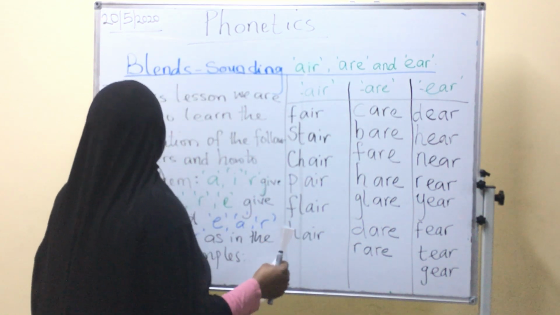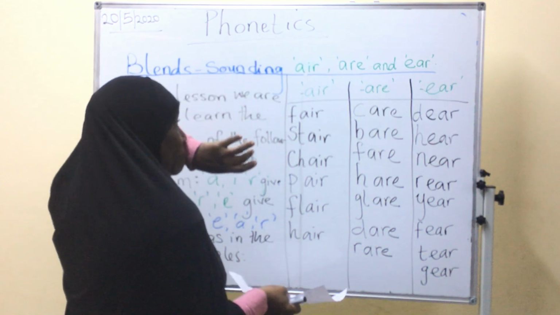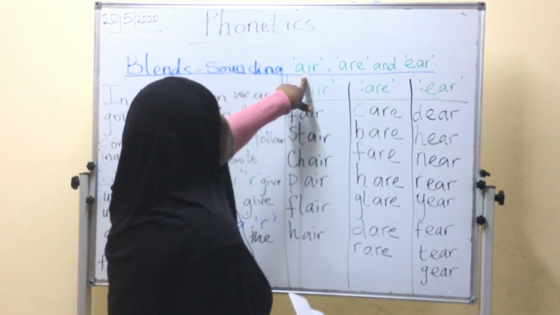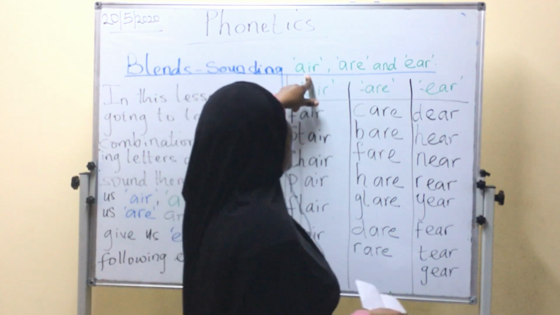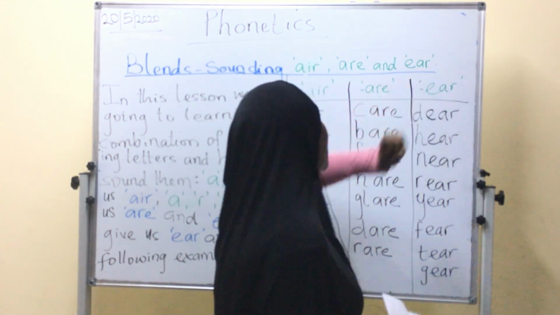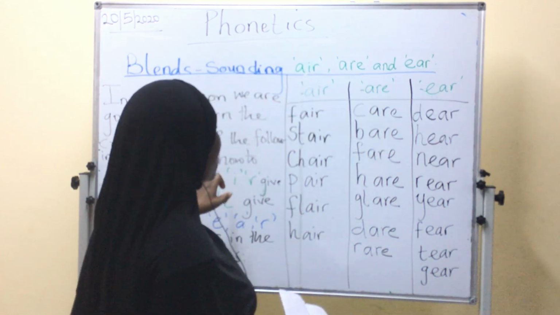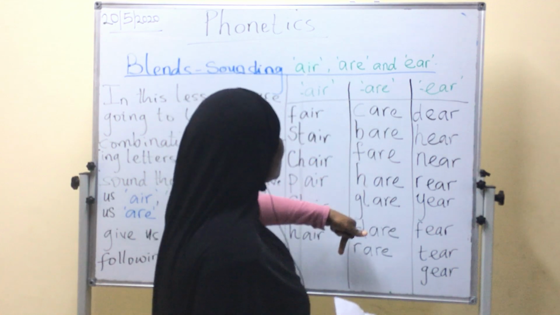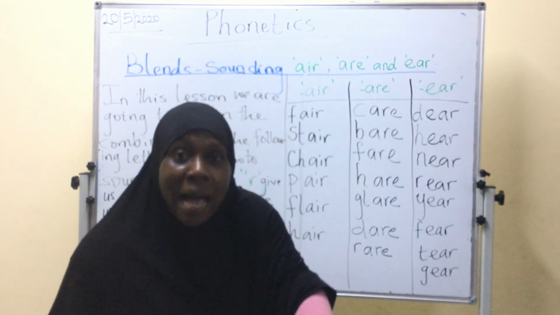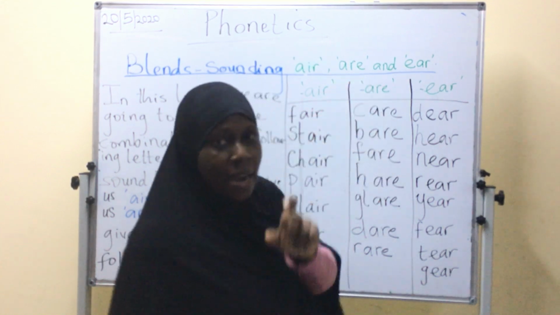So now we are going to go through the class again as a way of summarizing. I told you that we are going to look at how to sound A-I-R, A-R-E, and E-A-R. And I told you A-I-R sounds air. Again, I told you in this topic, in this class, A-R-E sounds air.